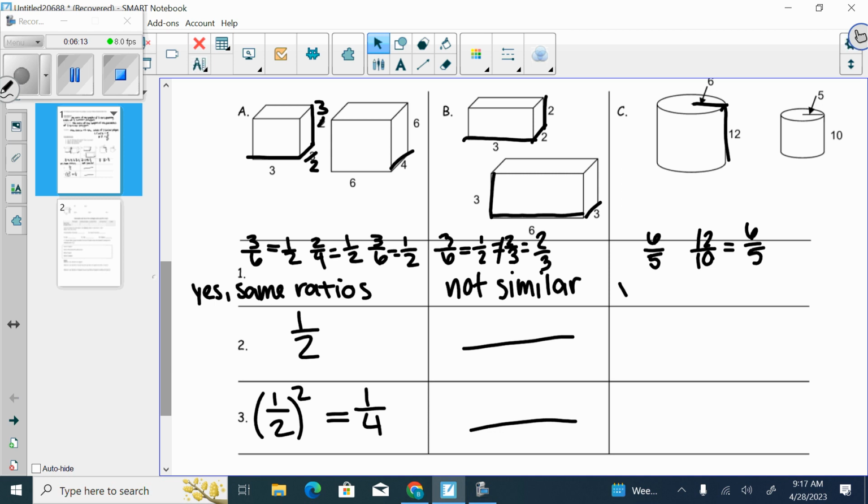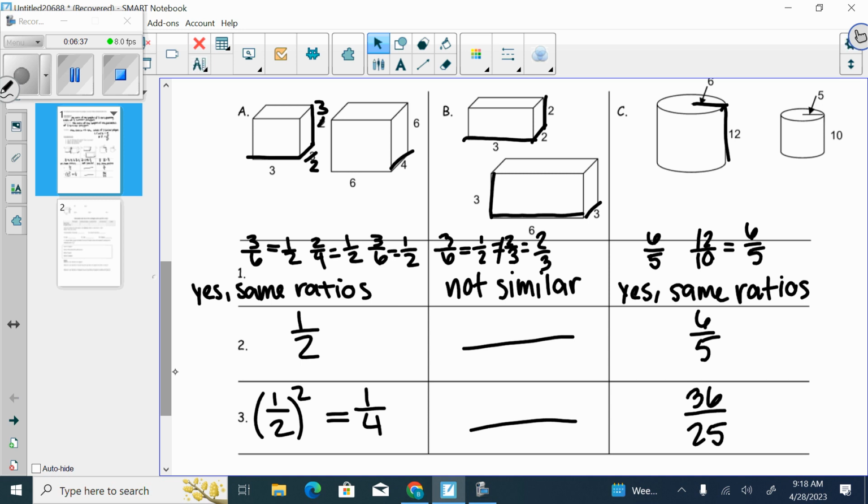Yes, for the same reason as part A, right? So what is our scale factor or similarity ratio? 6 to 5. So what would that mean its area ratio is? 36 over 25. Good. All right, so this is all just a review of what we've previously done, right?